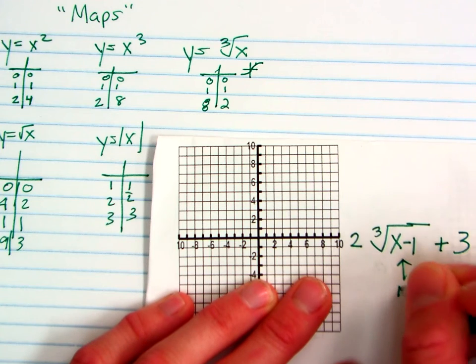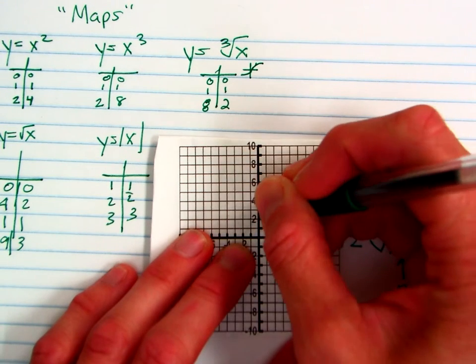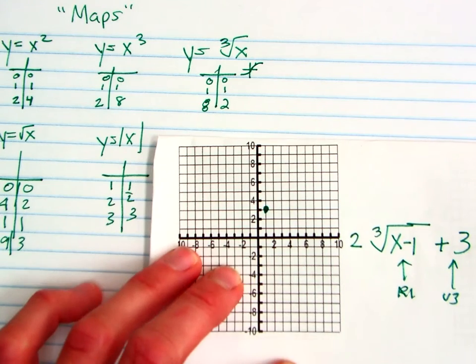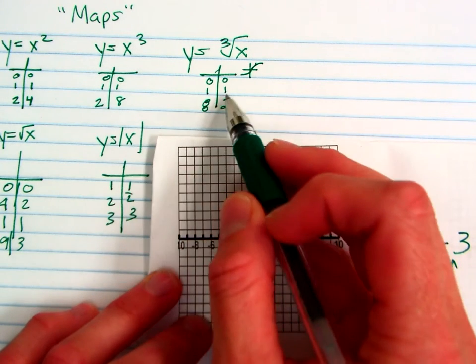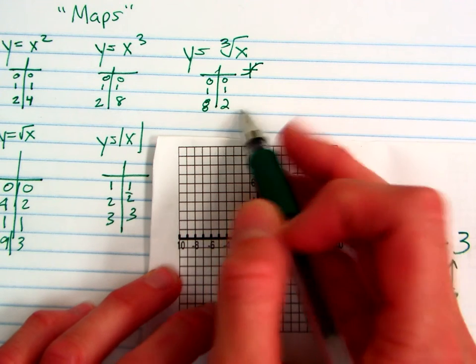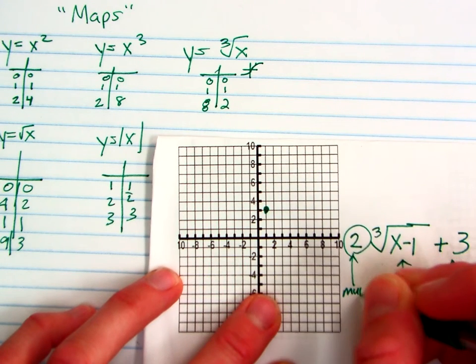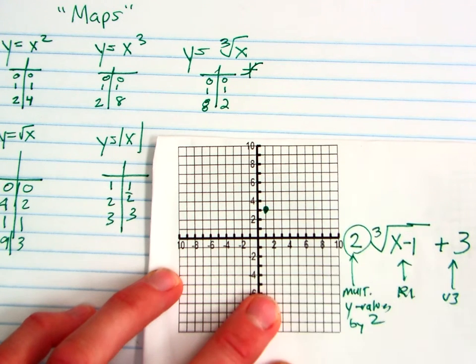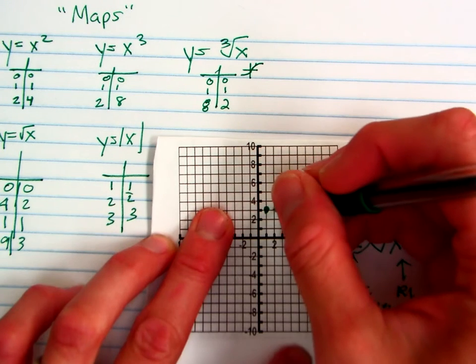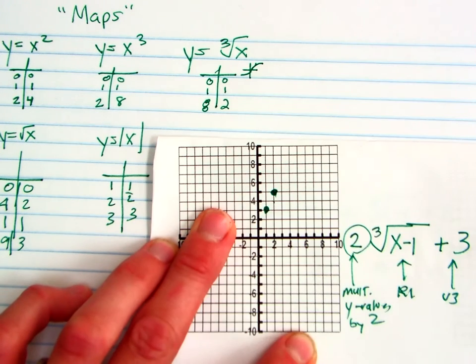I shift right 1, up 3. Now I follow my map. My map normally would say 1, 1, 8, 2, but I'm multiplying all my y values by 2. So instead of going 1, 1, I'm going to go 1, 2.